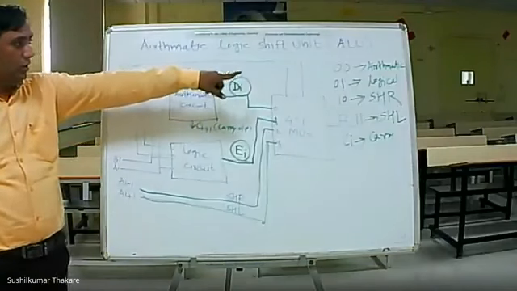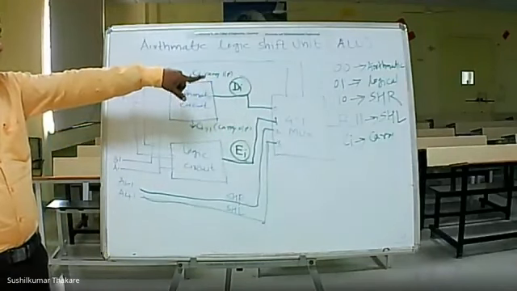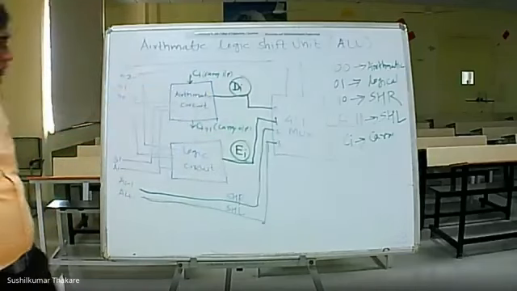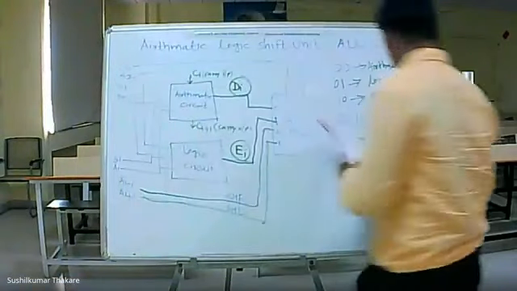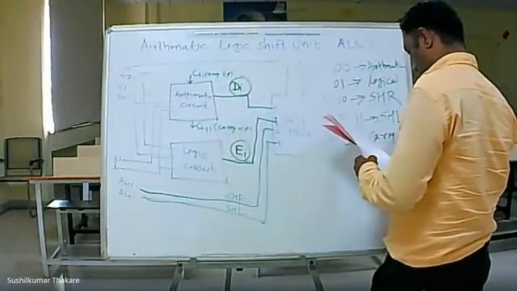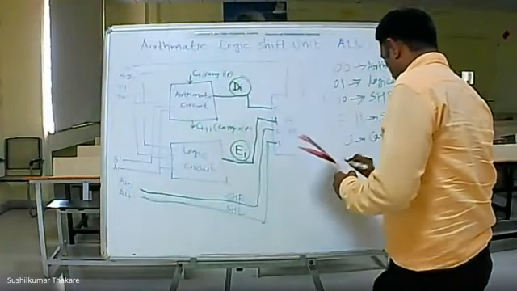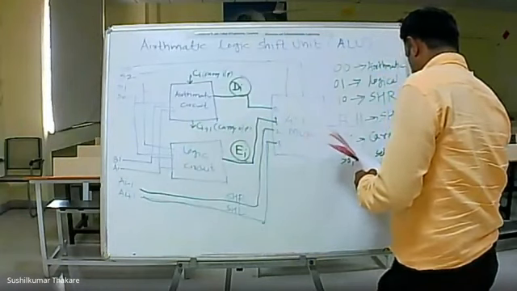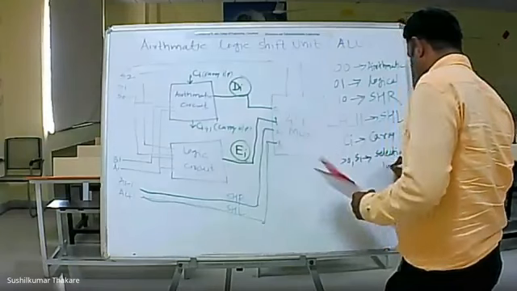So 0 0 is arithmetic operations, 0 1 logical operations, 1 0 shift right, 1 1 shift left. S0 and S1 are the select lines.